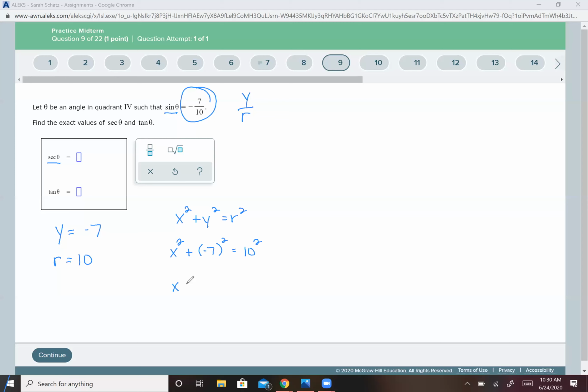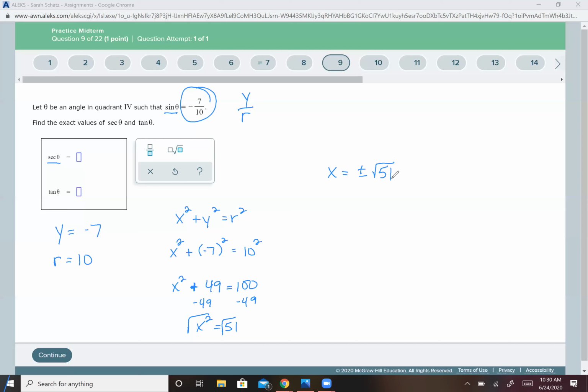So I have x squared, remember -7 squared, sorry, that's a plus, is 49. So x squared plus 49 equals 100. Let's subtract 49 from both sides and get x squared equals 51. Square root both sides of that, and you get x equals plus or minus square root of 51.